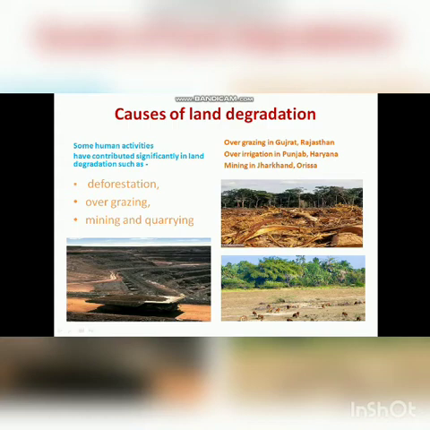Next is overgrazing. Now our animal population, that is the cattle population, gives us milk, meat, butter, cheese, all the milk products which we get from the animals. The cattle population is increasing. Why?